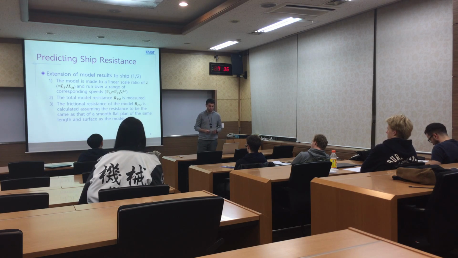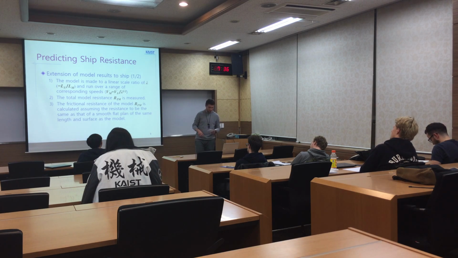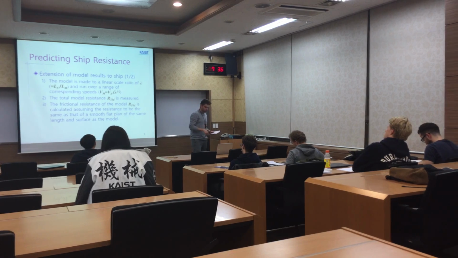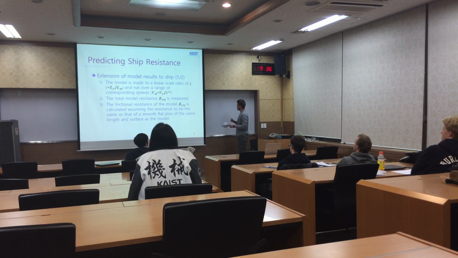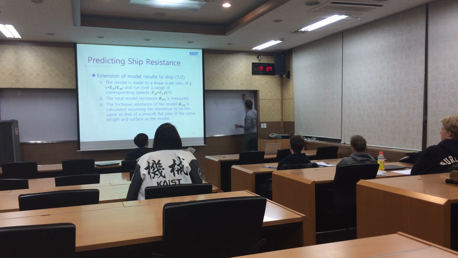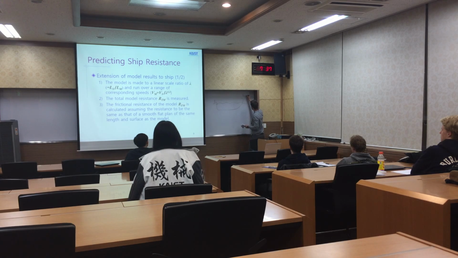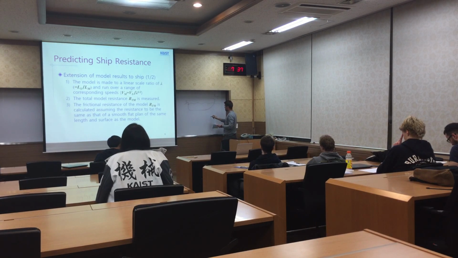Then in the third step you calculate the friction resistance of the ship. The friction resistance is caused by the water. And then afterwards you calculate the difference. So basically when you have the model, this is the water with the waves. First you measure the total resistance of the model, and then you calculate the friction of the hull.